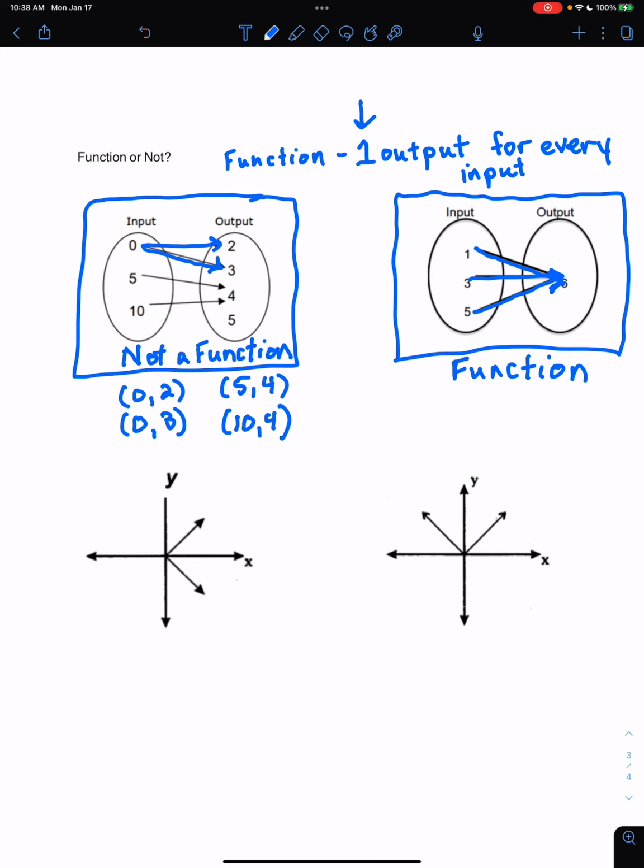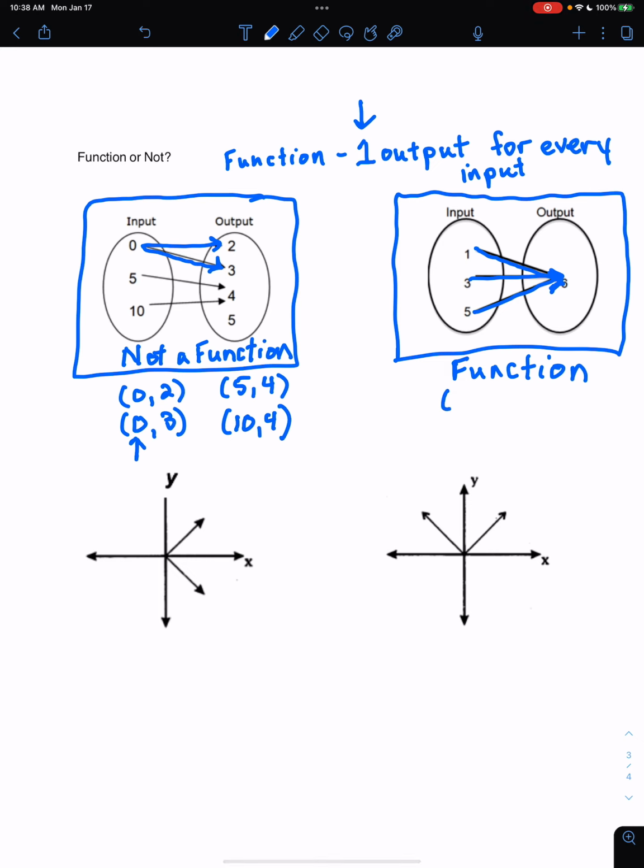Notice that, again, in this case, this X is going to two different Y's, and that is not allowed. So when you see the X is repeated multiple times in a set of ordered pairs, you know it's not a function.